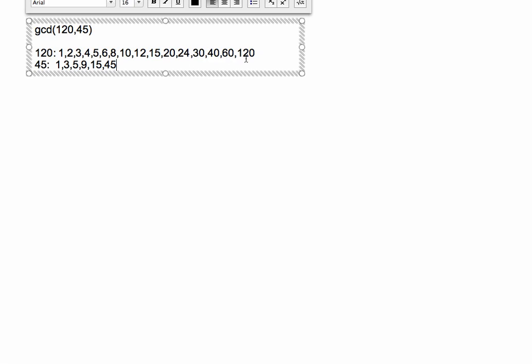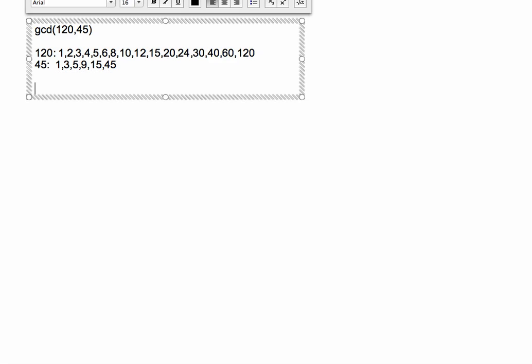Okay. But that's sort of the brute force we have to do, right? Let's take a look at another approach here. We want the GCD of 120 and 45, but we've already done it.